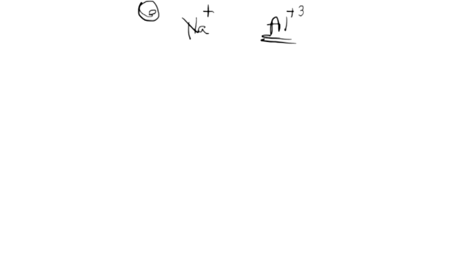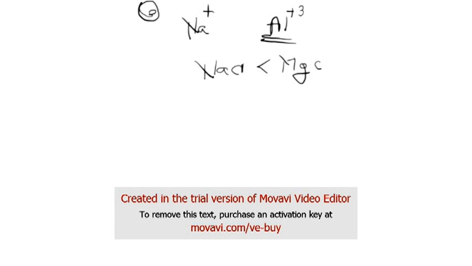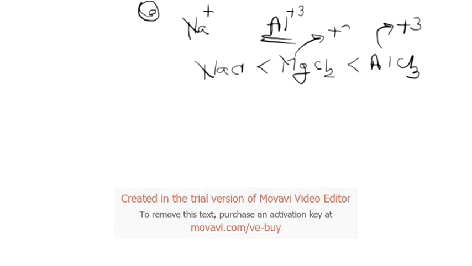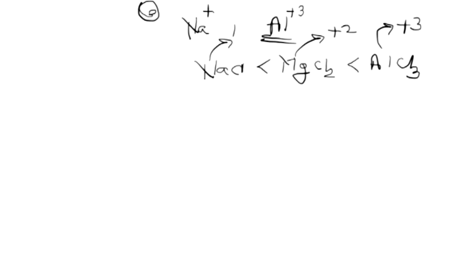Therefore we say NaCl is less covalent than MgCl2, which is less covalent than AlCl3. Why? Because Al here has a +3 charge, Mg has a +2, and Na has a +1 charge. So AlCl3 here is the most covalent molecule.